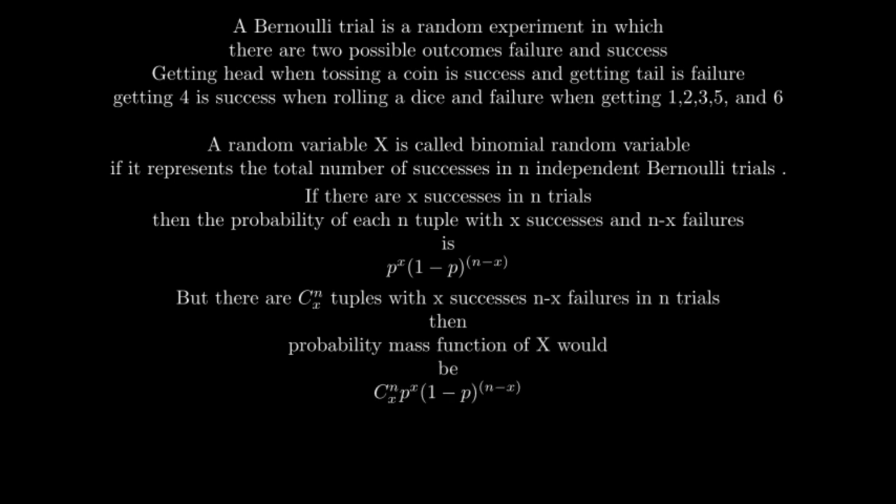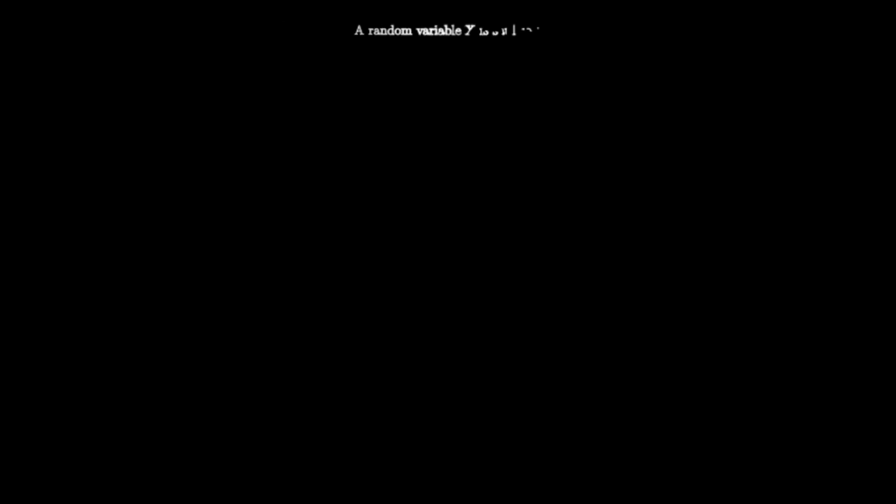But see that there would be nCx combinations, that is, nCx tuples with x successes and n minus x failures in n trials. Then the probability mass function of X would be nCx p^x (1 minus p)^(n minus x).